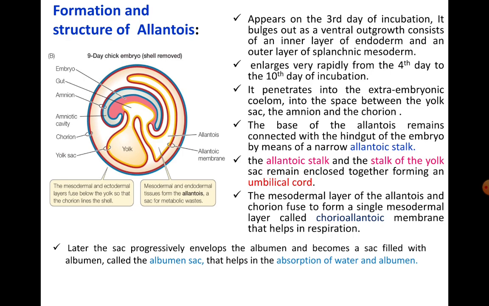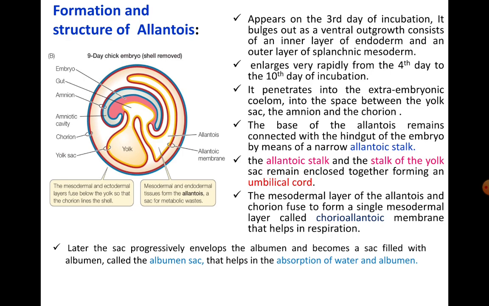It enlarges rapidly from the 4th day to the 10th day of incubation. It penetrates into the extra-embryonic coelom, or into the space between the yolk sac, the amnion and the chorion.